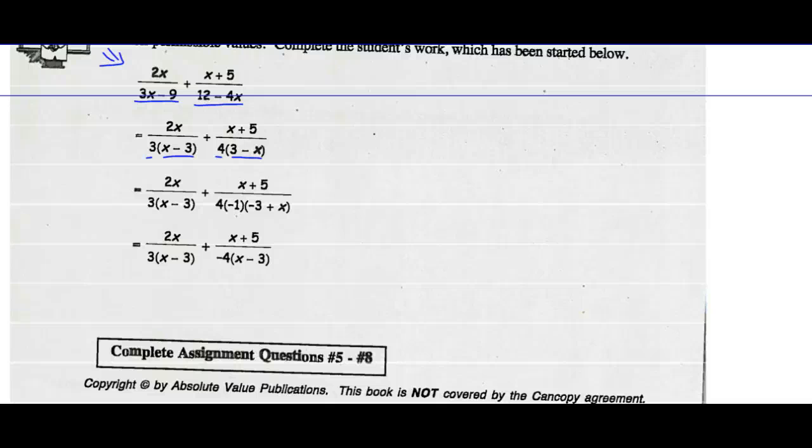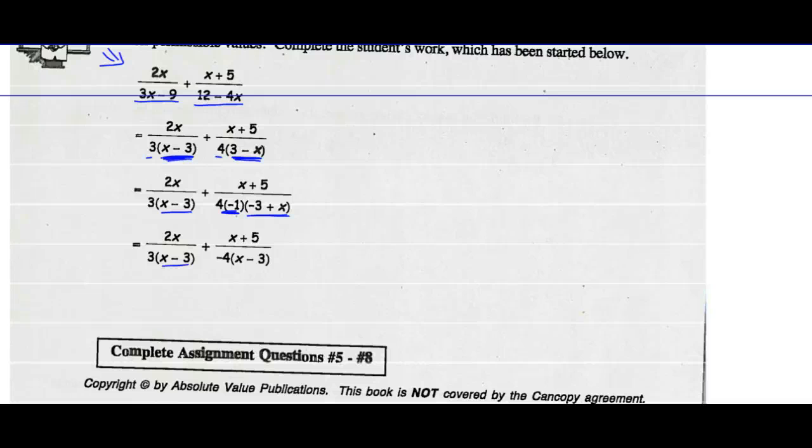Now, x minus 3 and 3 minus x are almost the same. If they factor out a minus 1 from the second denominator, then they get negative 3 plus x, which is the same as saying x minus 3. So x minus 3 and negative 3 plus x are the same thing.